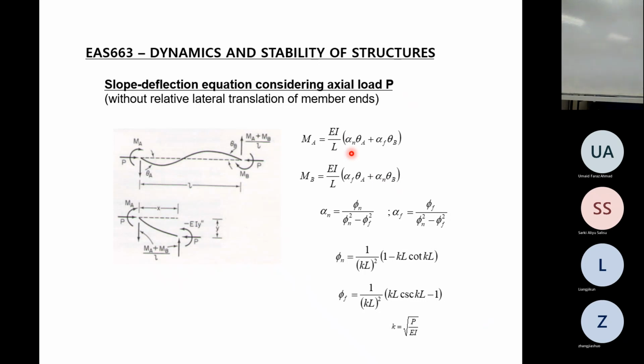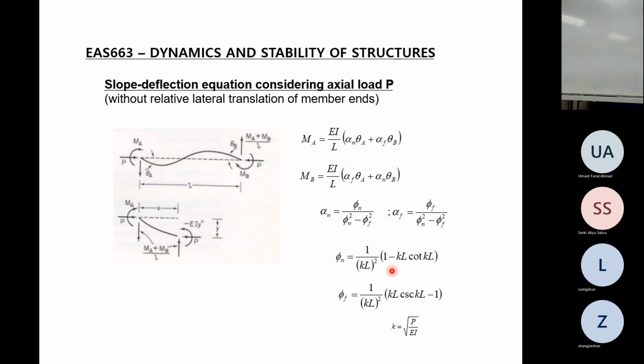So alpha n, alpha f are given by this, and then what is phi n is given by this. Here, the important thing when we want to solve this is that it is a function of KL, K multiplied with L. So what is K? I think by now you are familiar: K is the square root of P over EI. So it is a function of KL.